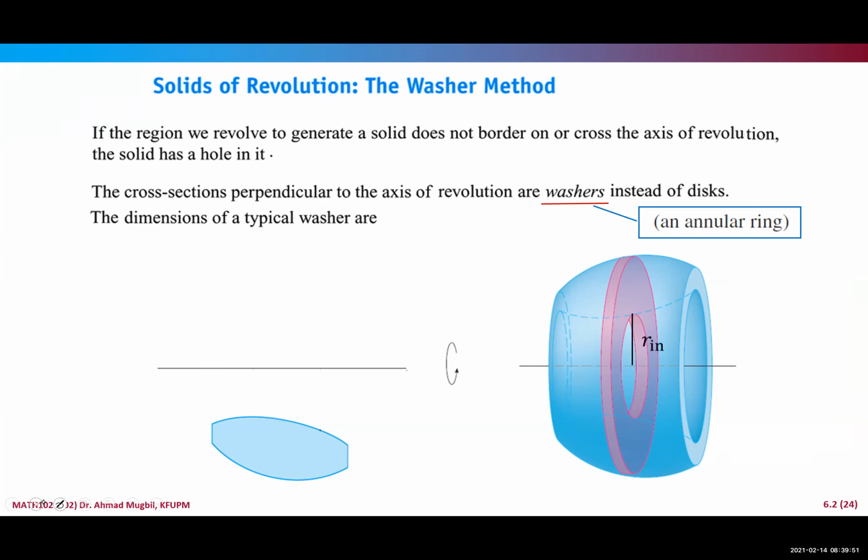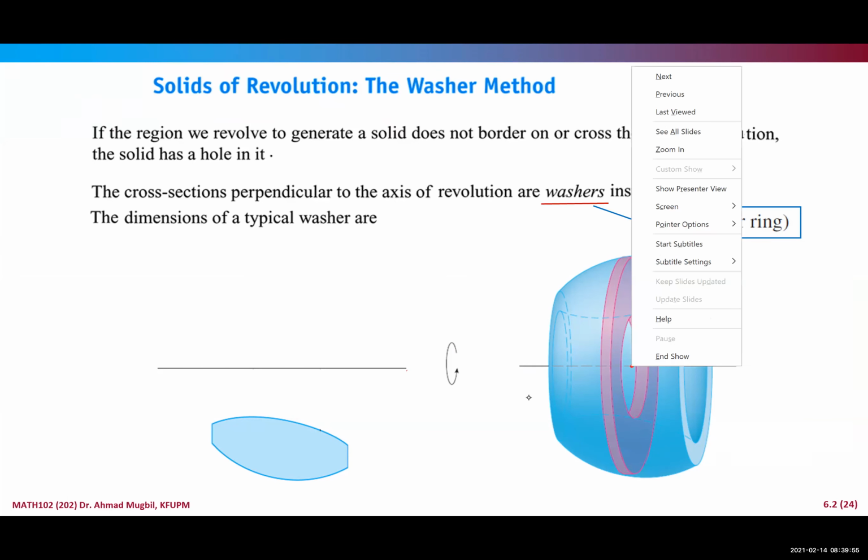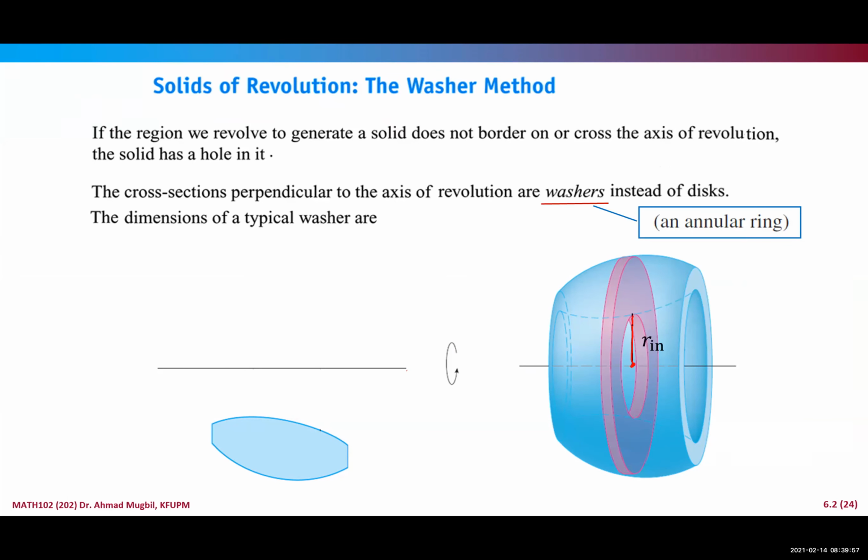Now, what you can notice here is that the radius of the smaller space, the hole in the middle, we will call r in, which means the inner radius. And the larger one, the radius of the whole disk, we will call the outer radius.